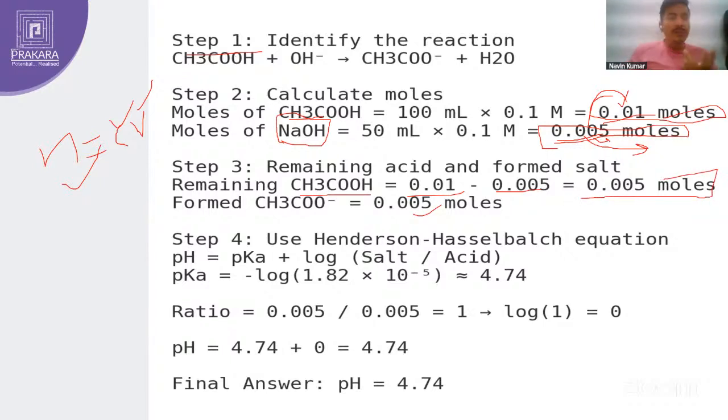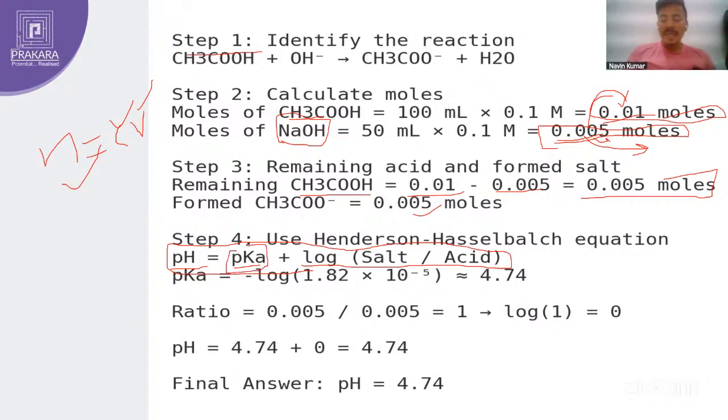Now use the Henderson-Hasselbalch equation, that is pH equals pK plus log of salt divided by acid. It's a very common formula which we used to learn in our second or third semester. For this, you need to calculate the pK.